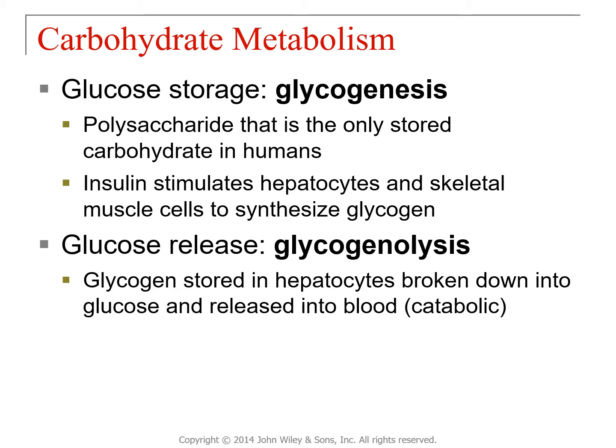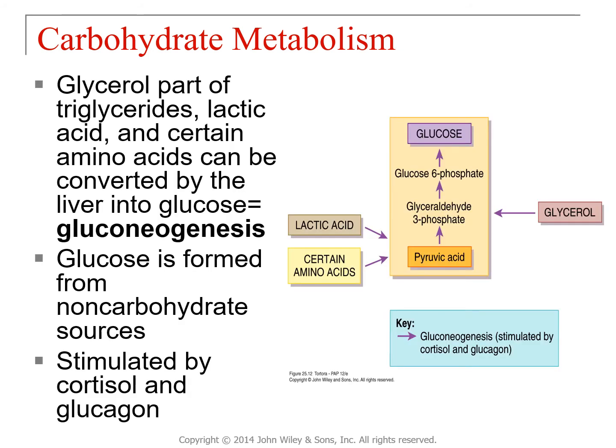This occurs during the post-absorptive state, or in between meals, when blood sugar and other fuel levels tend to decline. During the post-absorptive state, when glycogenolysis is stimulated, more glucose can be produced once the glycogen stores have been depleted.